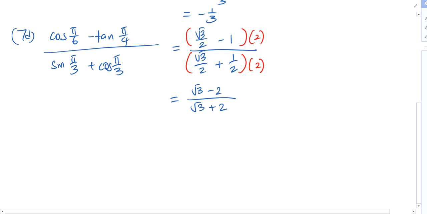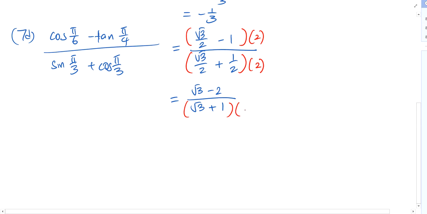Now what? Oh, sorry. It's plus 1. So now, how do we proceed? Times root 3 minus 1. Why do you choose to multiply by root 3 minus 1?